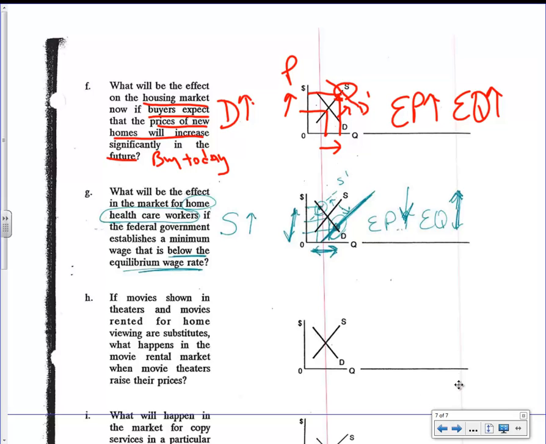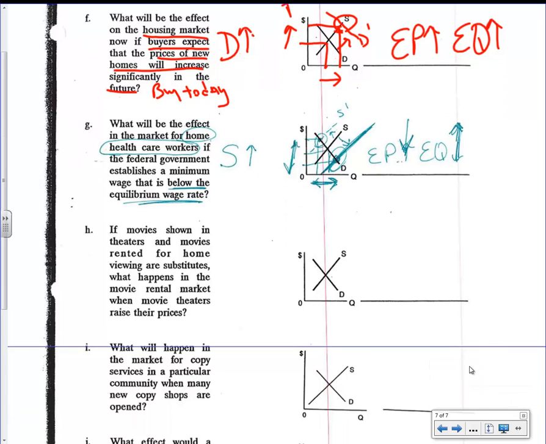Letter G I've already done for you, and it says, what will happen in the home health care worker market if the federal government establishes a minimum wage that is below the equilibrium rate? So right now, we have $7.25 as our minimum wage. If the government comes in here and lowers minimum wage to $7 an hour, that means the suppliers only have to supply at $7 an hour.